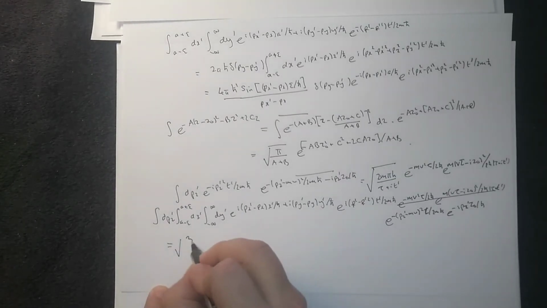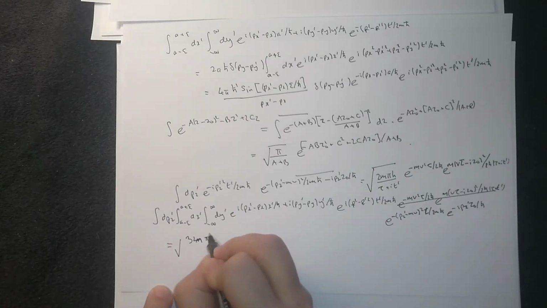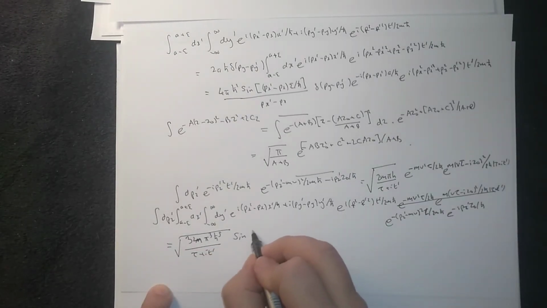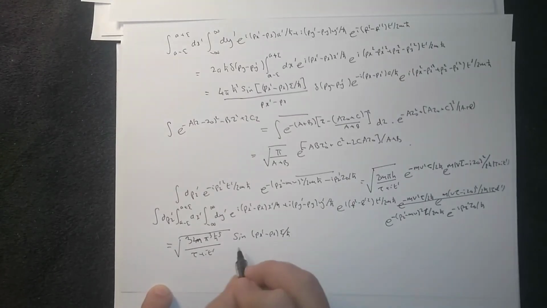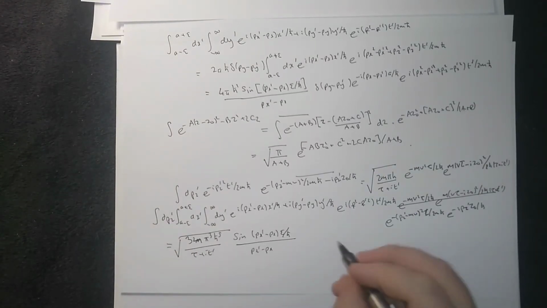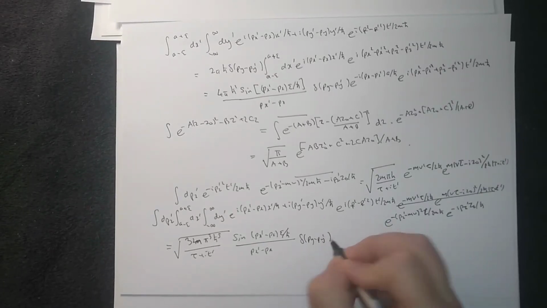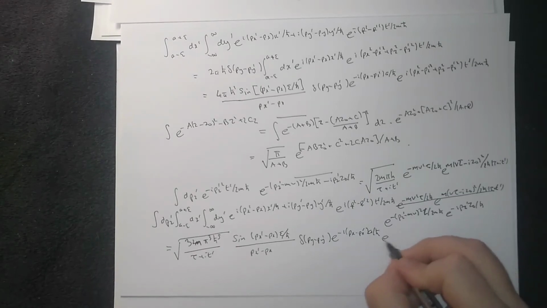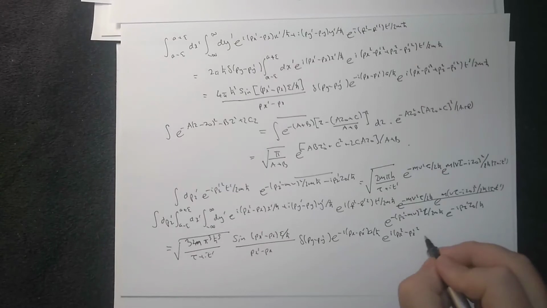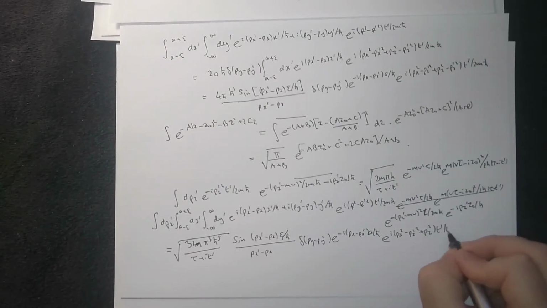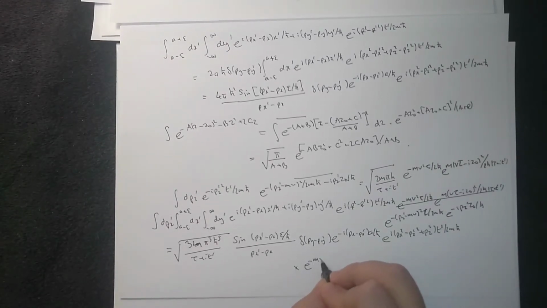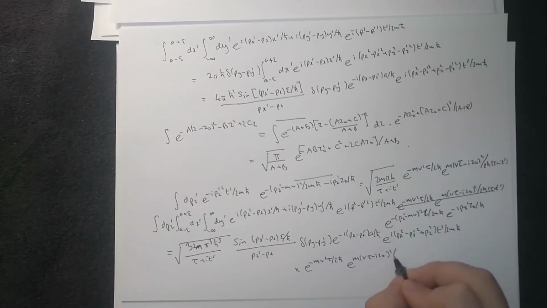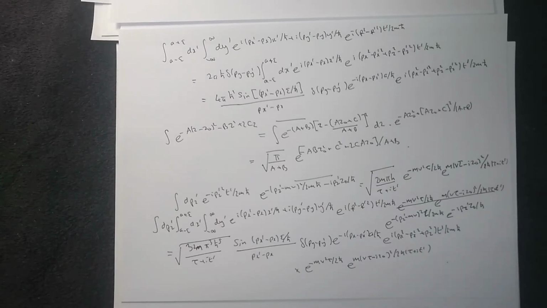square root of 32m pi cubed h bar to the 5 over tau plus i t prime, sine of (px prime minus px) epsilon over h bar divided by (px prime minus px), delta of py minus py prime, e to the minus i (px minus px prime) a over h bar, e to the i (px squared minus px prime squared plus pz squared) t prime over 2m h bar, and then we get e to the minus m v squared tau over 2 h bar, e to the m v tau minus i z naught squared over 2 h bar tau plus i t prime.